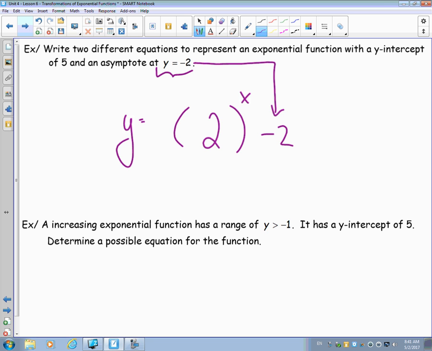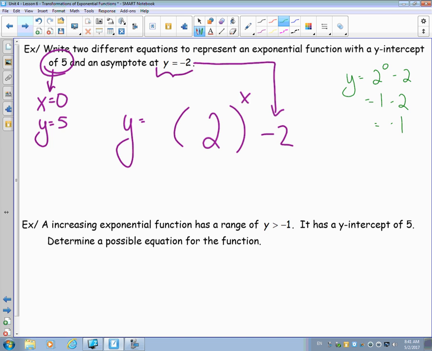And the other thing it does tell me is I have a y-intercept of 5. That means when x is 0, y has to come out to 5. So let's try the equation I have right now. If I were to put 0 in, put off to the side here, 2 to the 0 minus 2. I'll get 1 minus 2, which is -1. That's not the y-intercept I need. I need to make a y-intercept of 5.